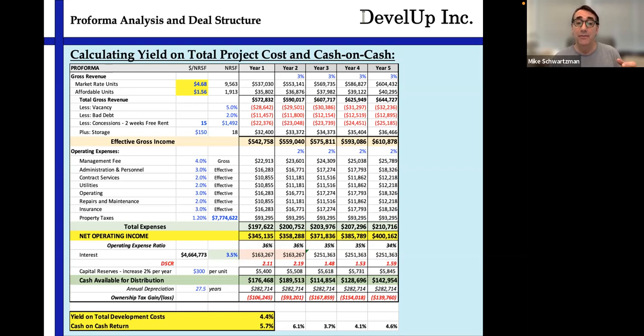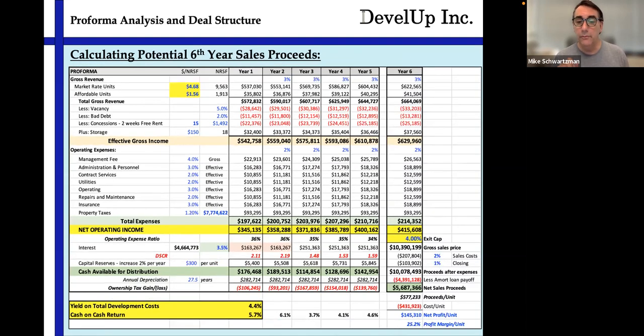So if somebody can buy something on the street for, let's say, a 3% cap rate, but I can build to a 4.4 yield on total development costs or a 4.4 cap rate, I've got 1.4% or 140 basis points spread, which may be enough for my equity investors to say, hey, I'll do that project. I like the math here. I got some real benefit.